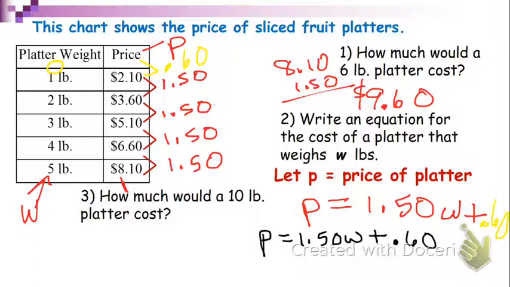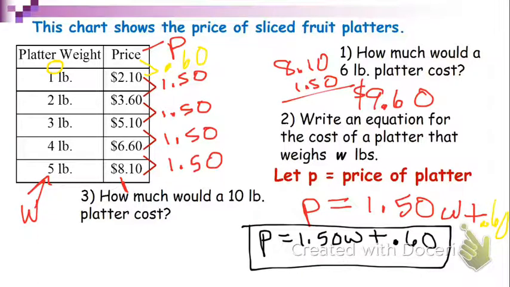Okay, so now question 3 says, how much would a 10-pound platter cost? Use your equation here. Just put in 10 for W. So the price is going to be $1.50 times 10 plus 60 cents.